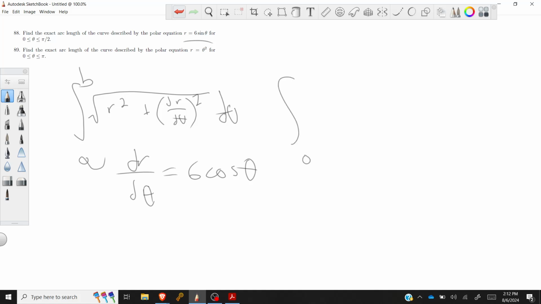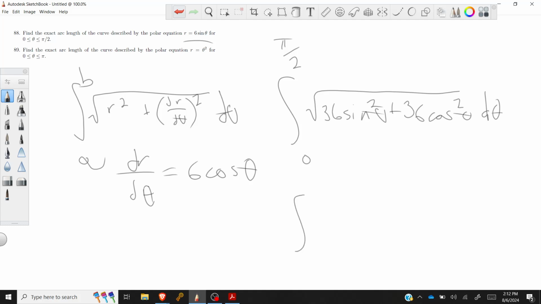So our integral is very simple. It's 0 to pi over 2, because these are the bounds that are given, square root of 36 sine squared plus 36 cosine squared d theta. So this looks pretty simple.